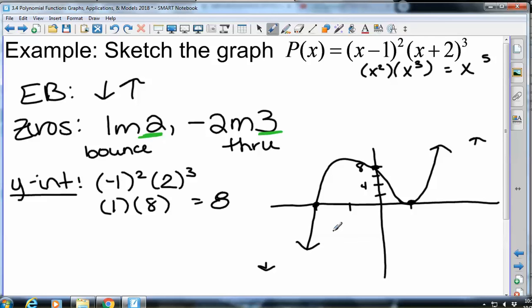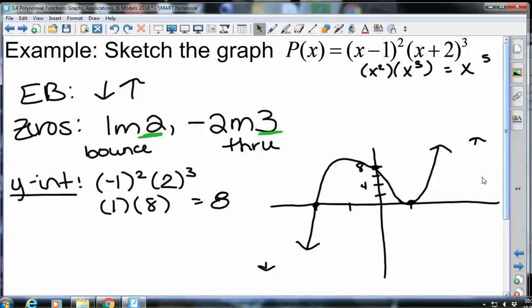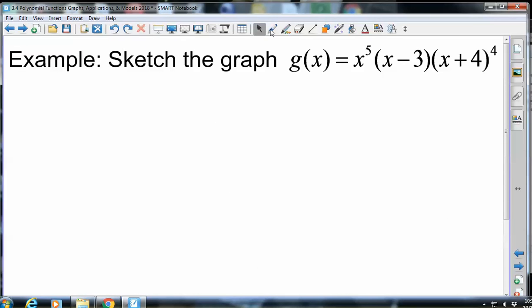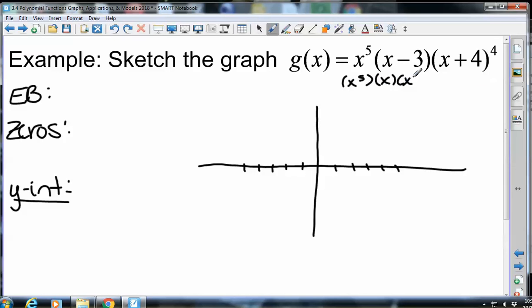Why don't you guys try the last one on your own? Okay, so in behavior, if you multiply this out, you have an x to the 5th times an x times an x to the 4th.